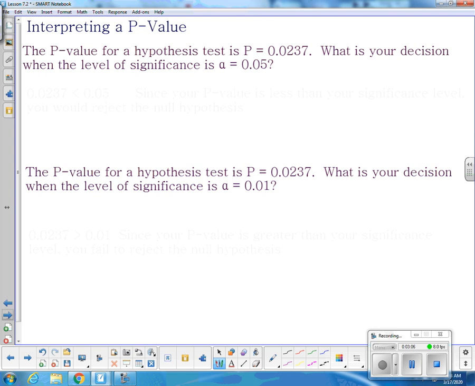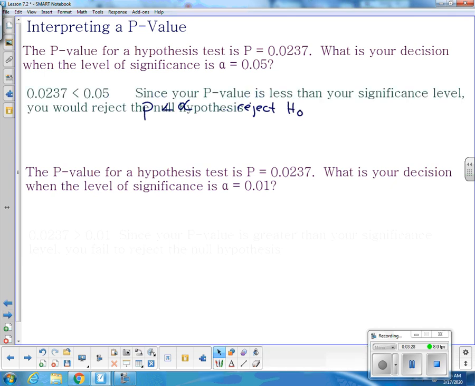So the p-value for a hypothesis test is 0.0237. What's your decision when the level of significance is 5%? Well, p is less than alpha, so you are going to reject the null. In the next one, the p-value is the same, but our significance level is smaller.